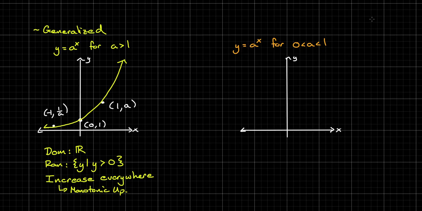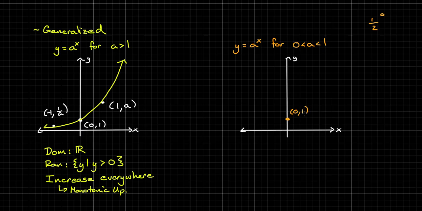A is a smaller number, so if I think of something like 1/2, and this is all scratch work for me to think, if I plug in a 0, it's 1/2 to the power of 0, and the same thing winds up happening. We're going to get the point (0, 1), which is super convenient. I'm going to highlight that, (0, 1).